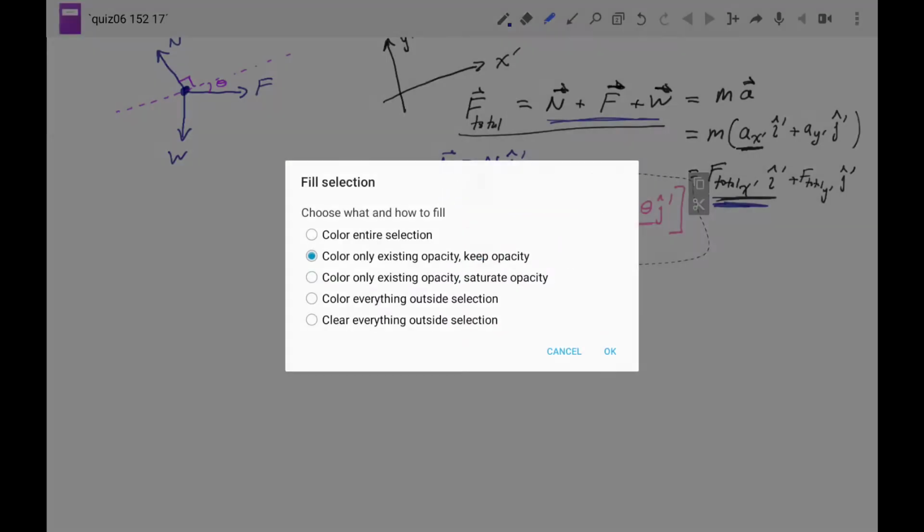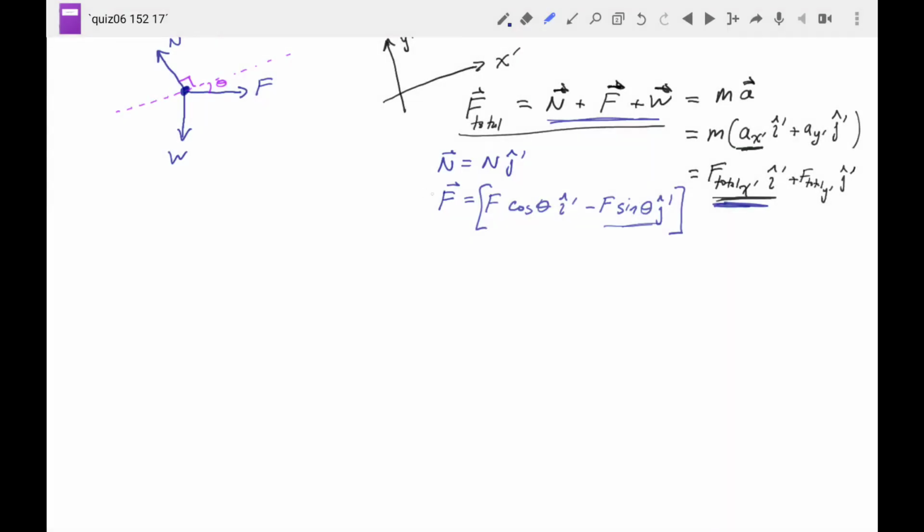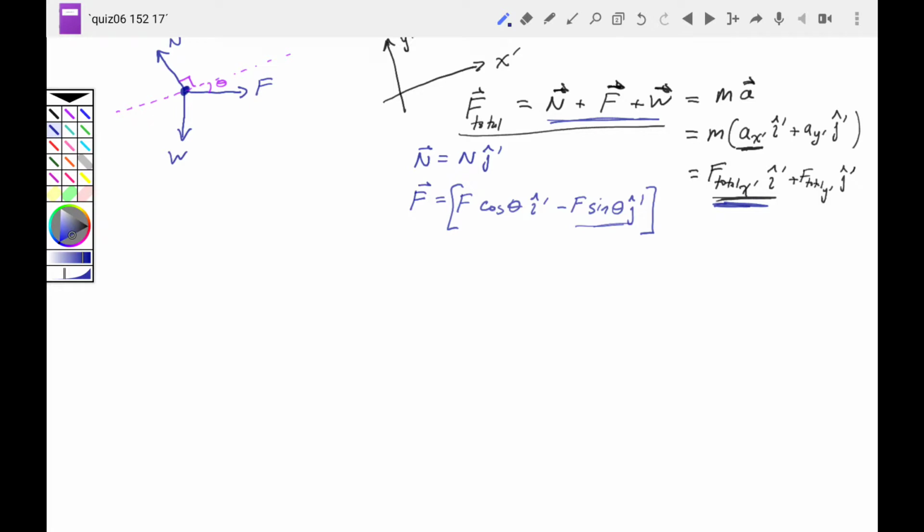I'll even make it change color. Let me also move it so it doesn't interfere with what we have. Okay. And W, that's another one that's a little bit tricky. So that points straight down, and I want to get the projections onto x and y prime.